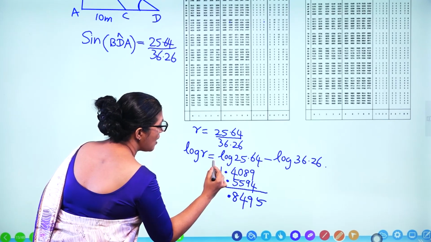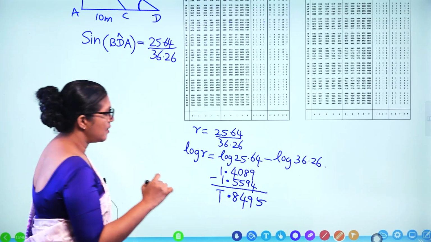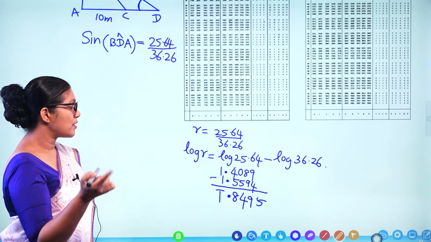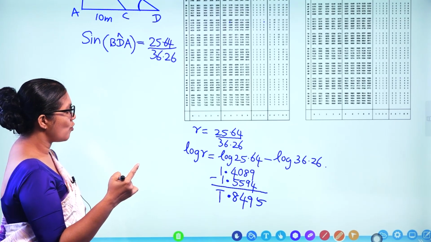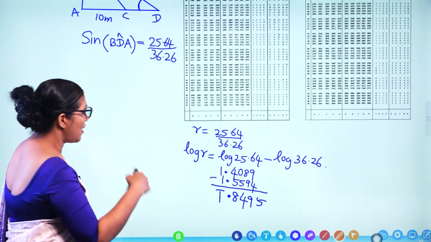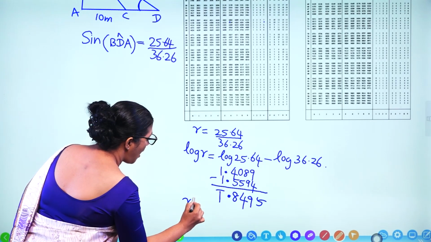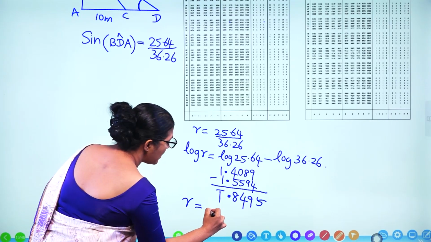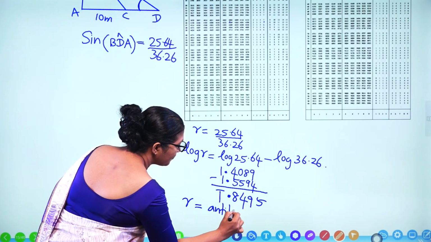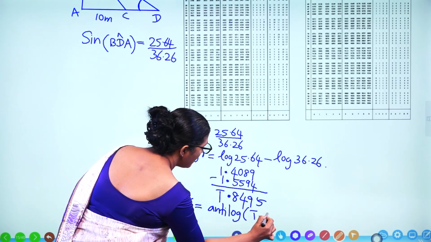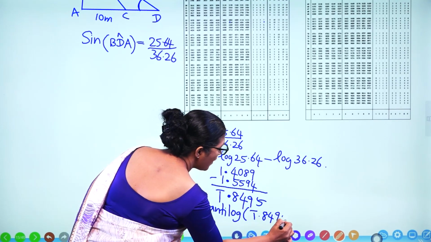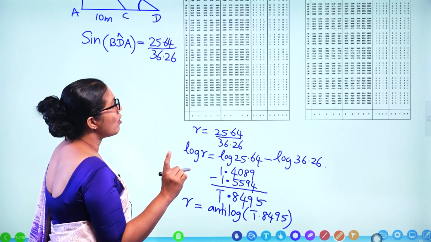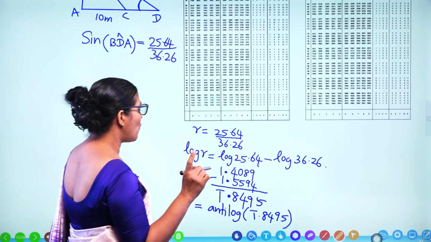So that means bar 1 comes here when you subtract a bigger value from a smaller one. So bar 1 point something. Now how do you find the R value? Antilog of bar 1, 8495. So refer to the log tables and see where you get 8495.